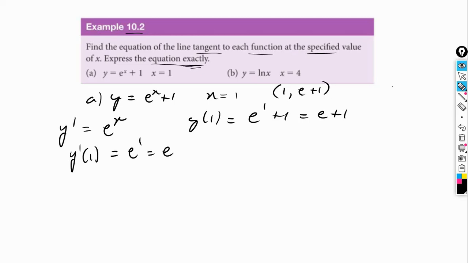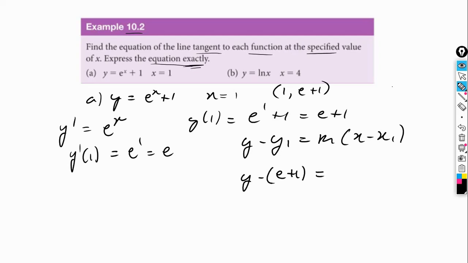So remember that the point slope formula says y minus y1 is equal to m, the slope, times x minus x1. So we use this to find the equation of the tangent line. So it's going to be y minus, and we have to use parentheses here, e plus 1 is equal to the slope, which was e, we found that here, times x minus x1, which is 1 right there.